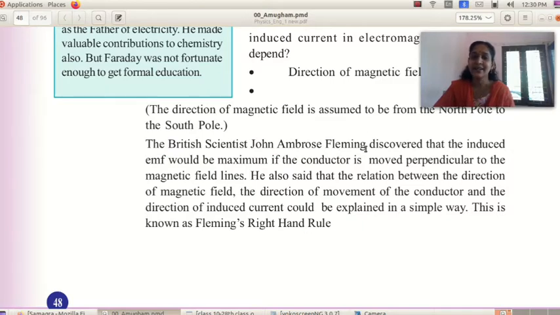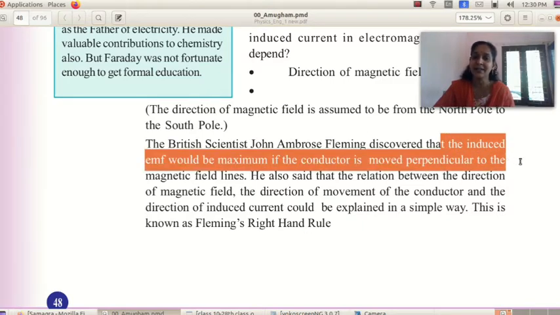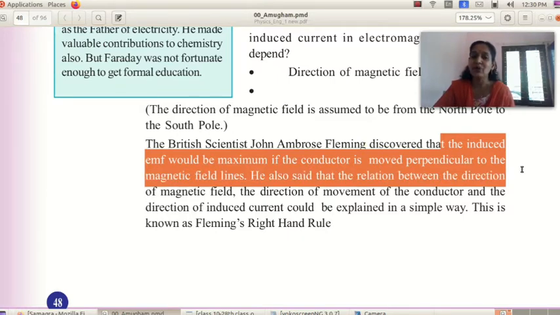He discovered that the induced current or induced EMF would be maximum if the conductor, the solenoid, is moved perpendicular to the magnetic field lines.